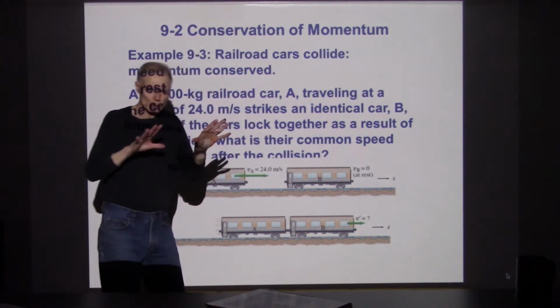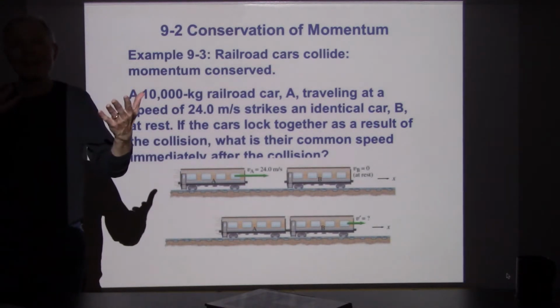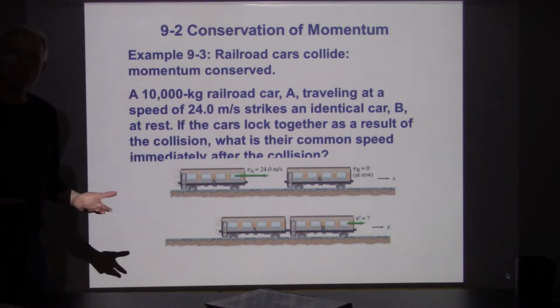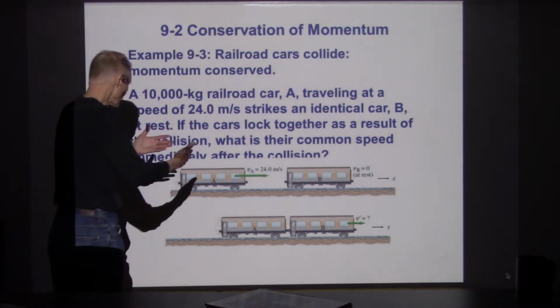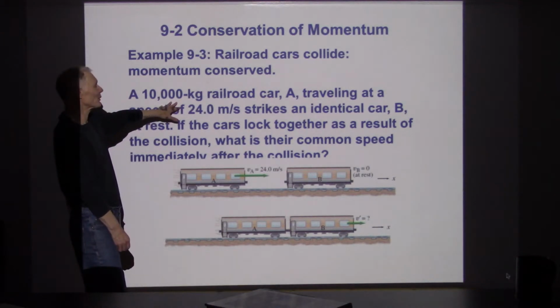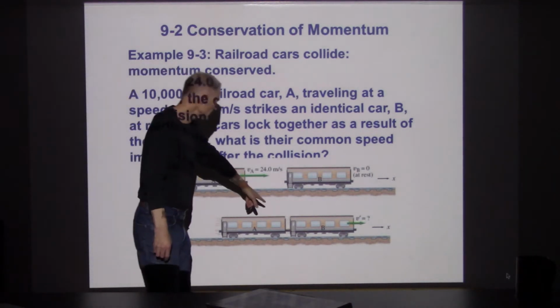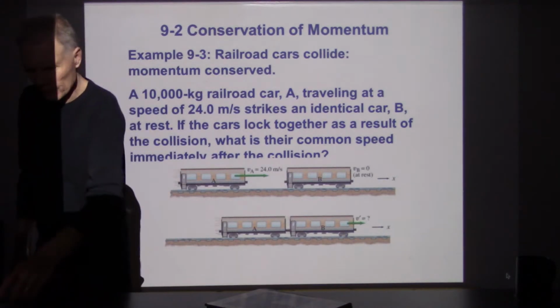With a bunch of cushions and springs and things, to damp out the motion. Anyway, it could happen, but I think you'd have to engineer it very carefully to have an object with that much mass come in, and look, it's 10,000 kilograms each, and have a collision where they both survive and just head off.